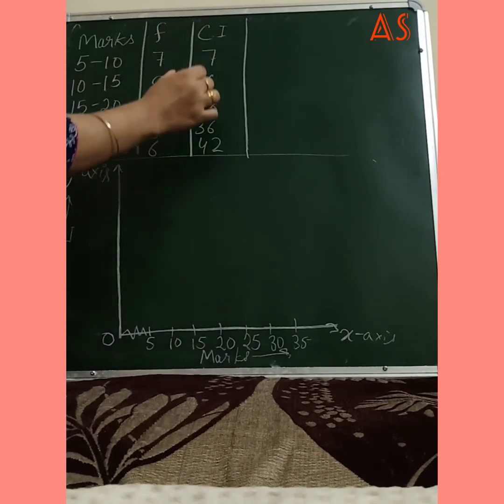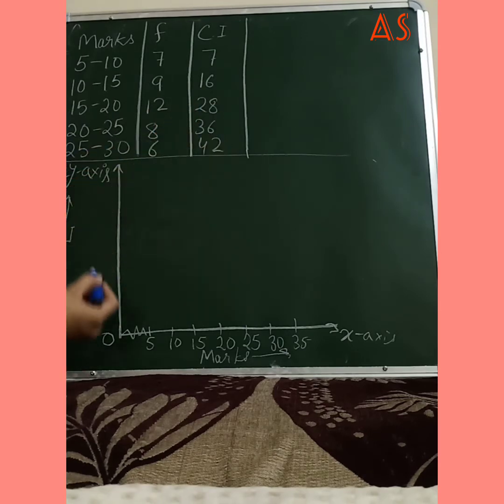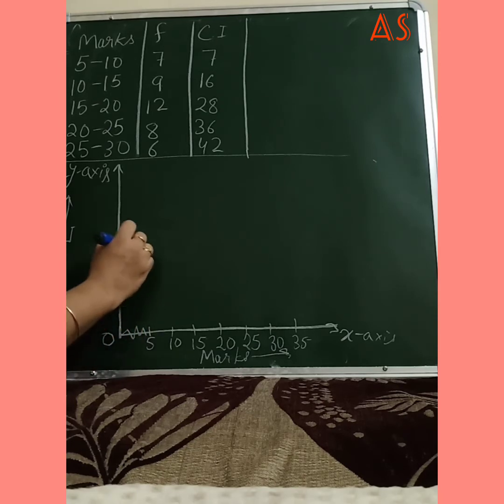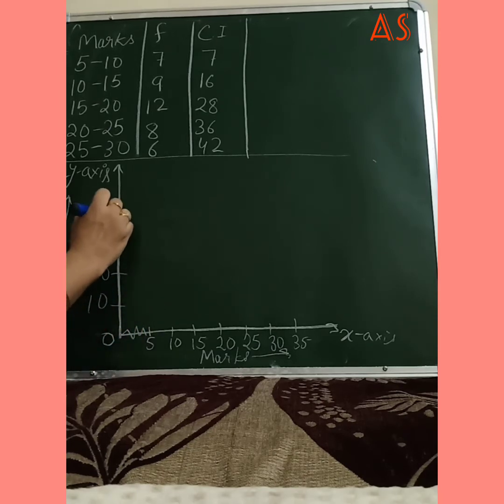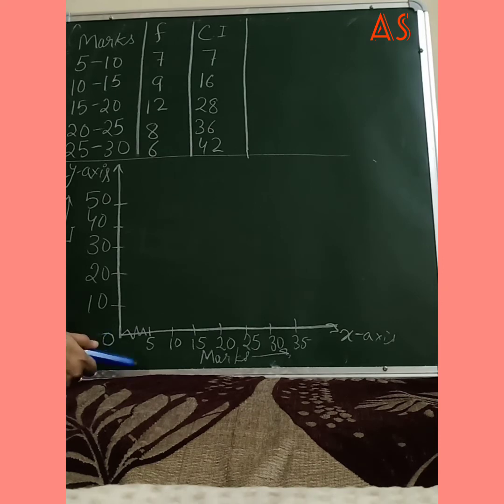Now this is cumulative frequency, so 7, 16, 28, 36, 42. Any scale you can take which is easy for you. I am taking a simple scale of 10, 20, 30, 40, highest 50.